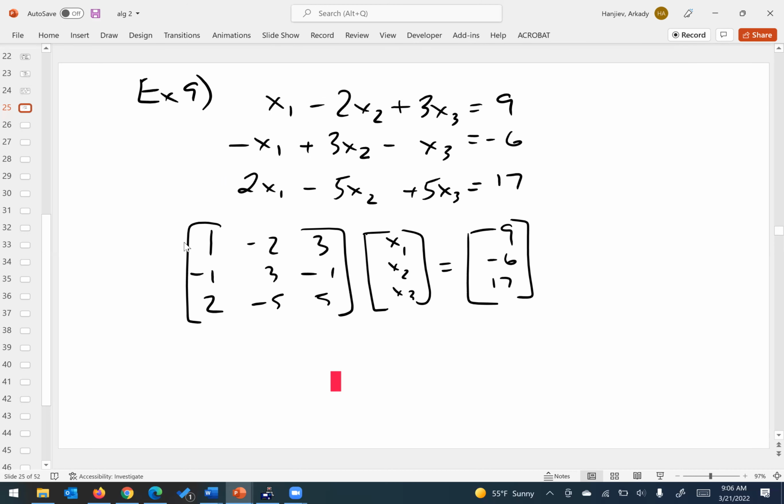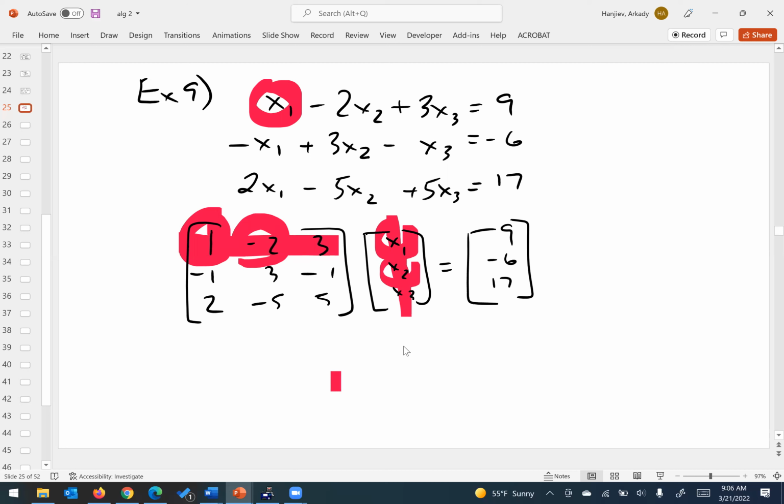Multiplied by the, that's the first row. So look at this. This is 1 times x1 gives us this one. There's -2 times x2 to give us the other one. This makes sense here.